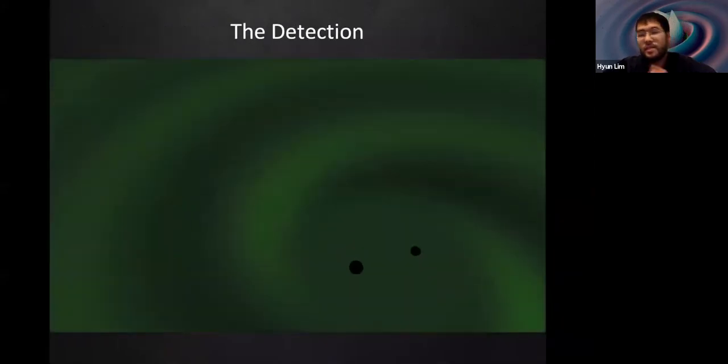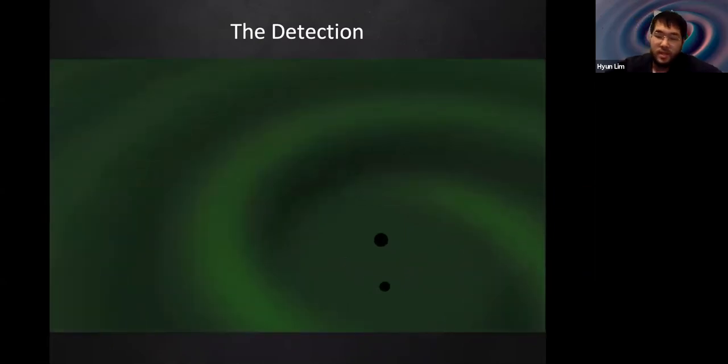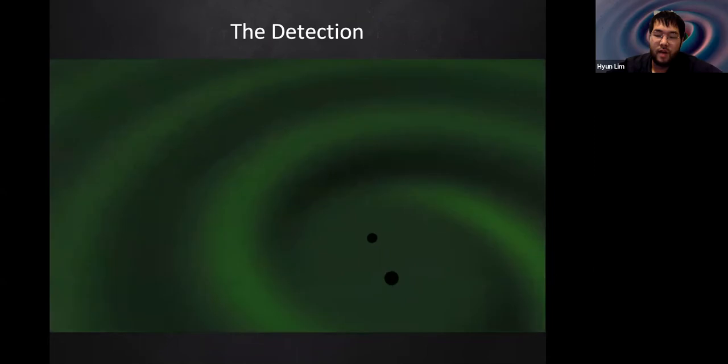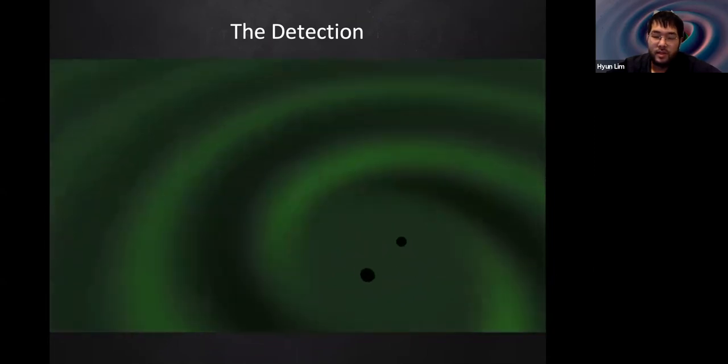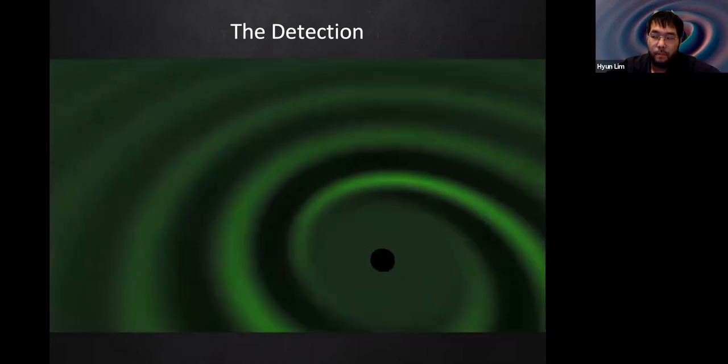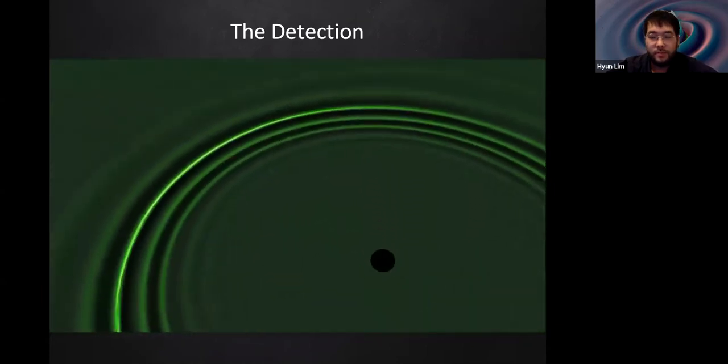So that's the detection I showed on September 14, 2015. Two black holes inspiral around each other and merge.